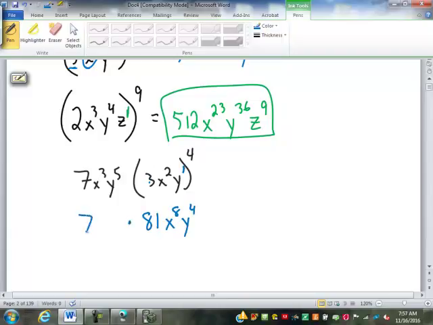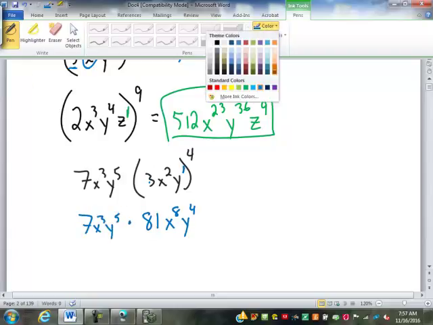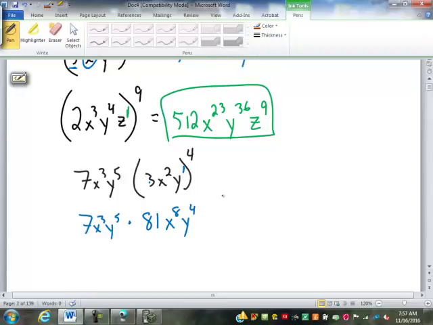And that is still being multiplied by the x to the 3rd, y to the 5th. So 7 times 81 is 567. X to the 3rd times x to the 8th is x to the 11th. 3 plus 8. When we're multiplying exponents, we add the powers. Y to the 9th.